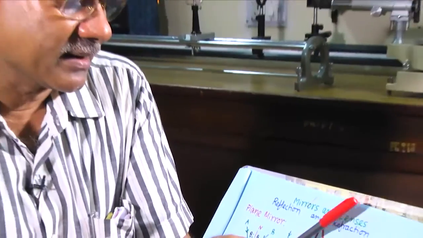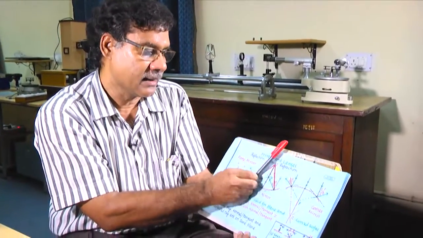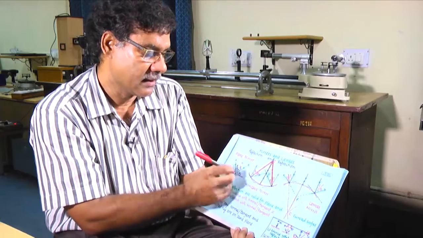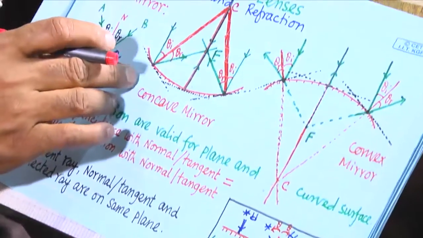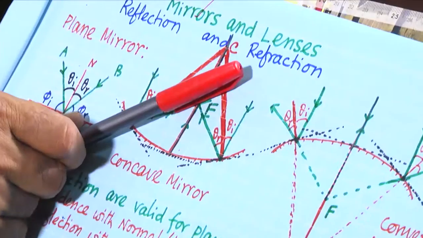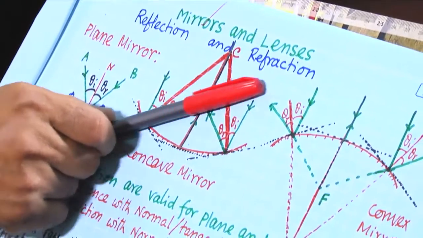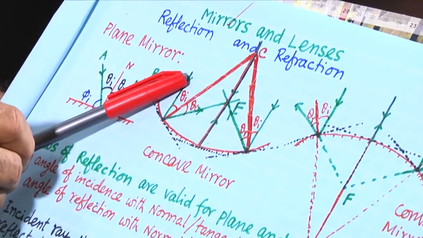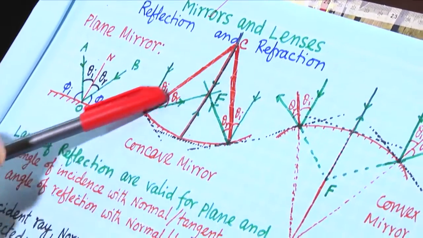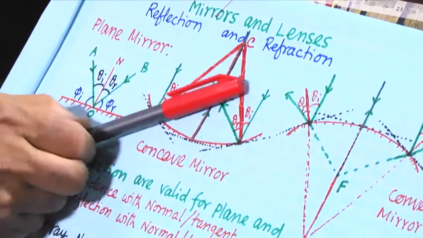The reflected ray could be any ray on the cone with angle theta r. So this second law fixes the direction in which you will get the reflected ray, it will be only in one direction. That is basically this direction, because the incident ray and the normal or tangent are on this plane, so the reflected ray has to be on this plane.